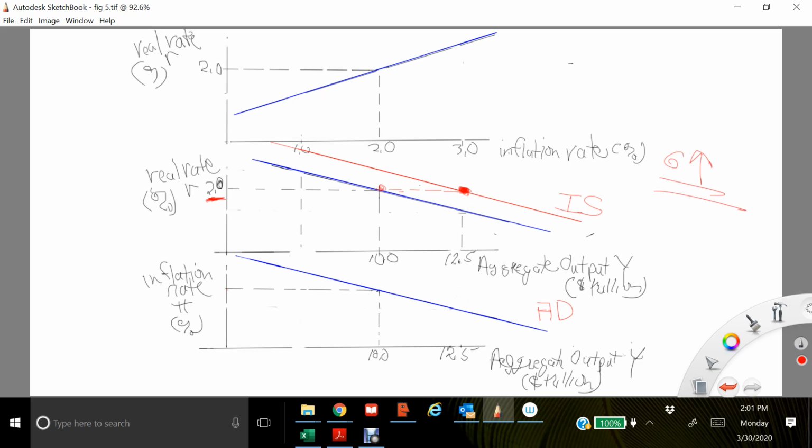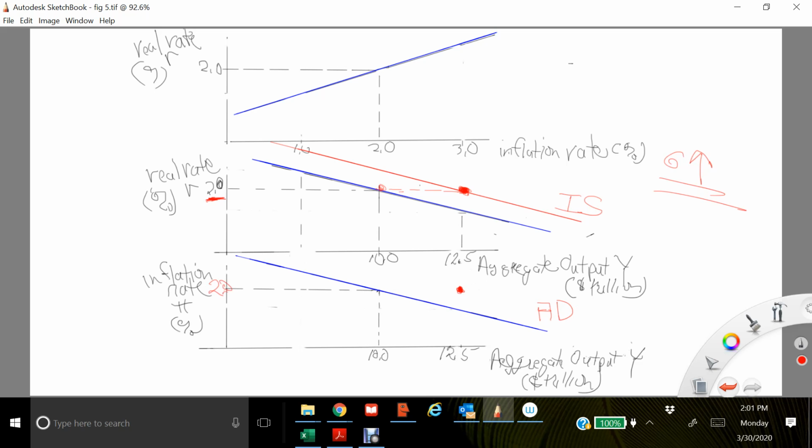Inflation hasn't changed yet. At the initial inflation rate, say of 2%, output on the AD curve would go up to 12.5.